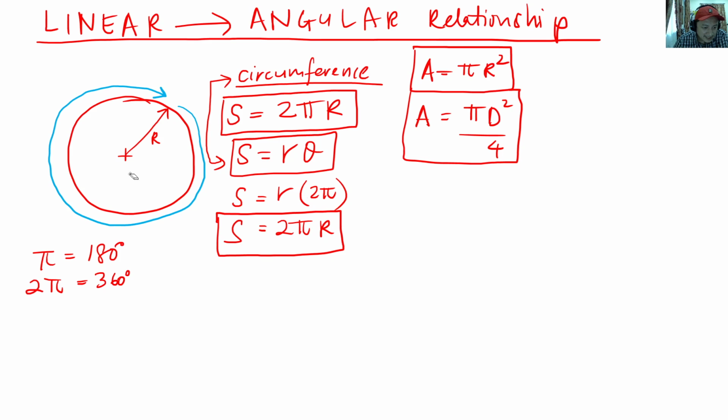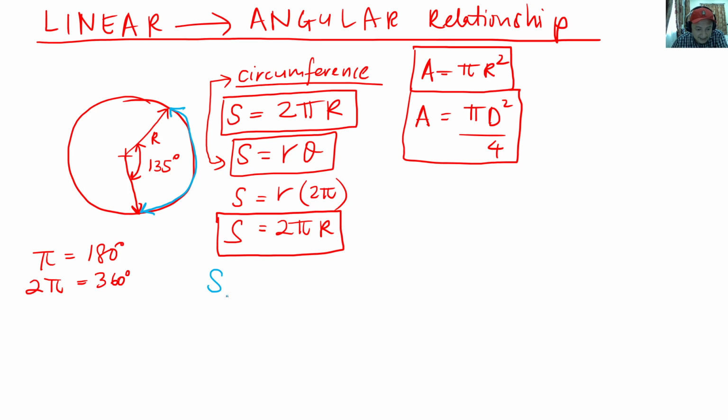So let's say if I want to get the circumference for this angle. Let's say I want to get for 135 degrees. At 135 degrees, what is my displacement? So S at 135 degrees is equal to r theta.